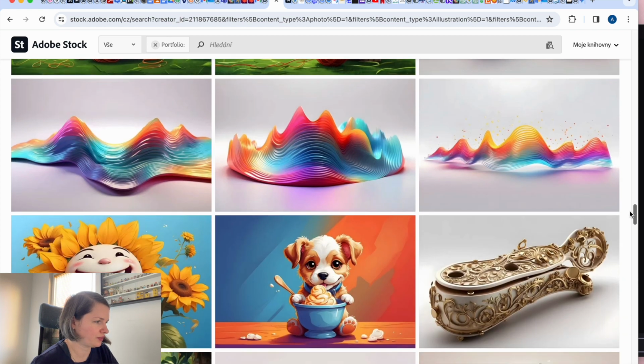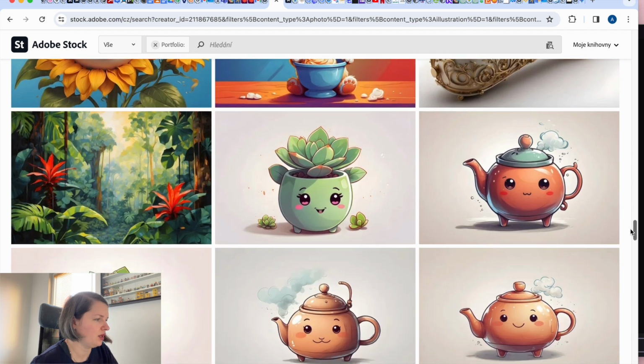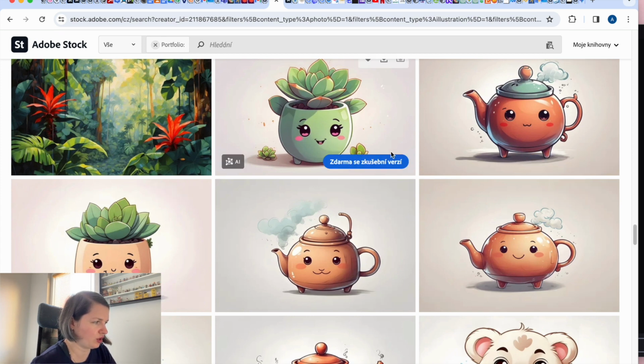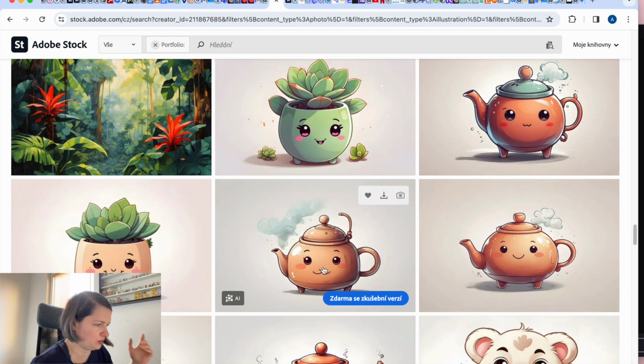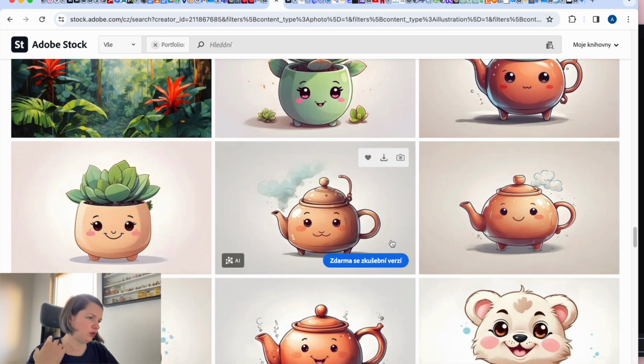All right. This is another violin that doesn't look like a violin. So this series of cute looking different things, I think it's not bad. This is a good, trendy kind of style. But if I can recommend, I think those are often used as some kind of icons.